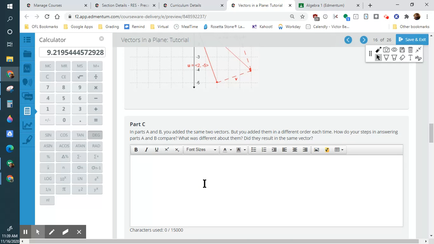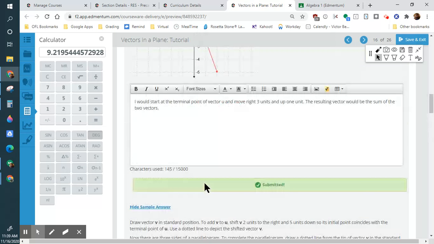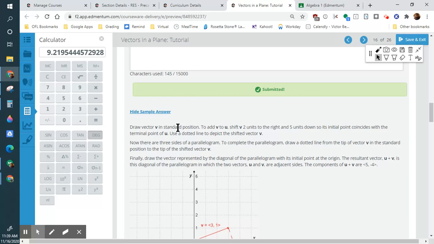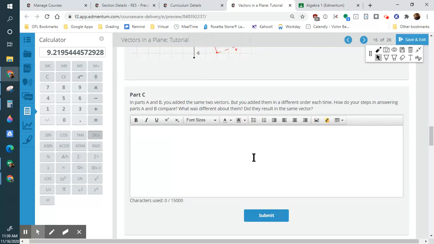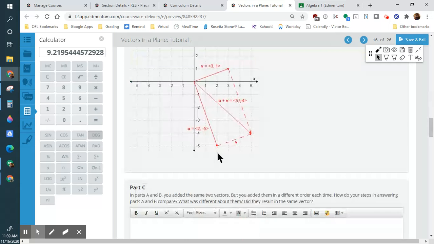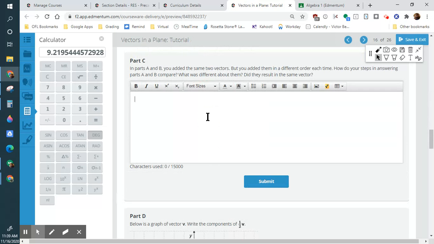So part 3, but you added in a different order. How would you, oh, was I supposed to do it in a different order? Oh, yeah, I did do it in a different order, because first I did it this way. So what was different about them? Did they result in the same vector? They made the same vector.